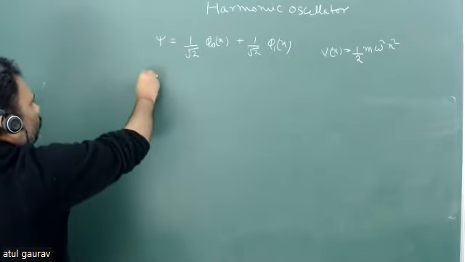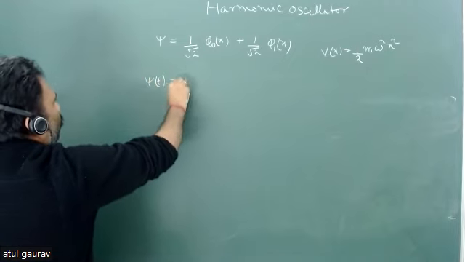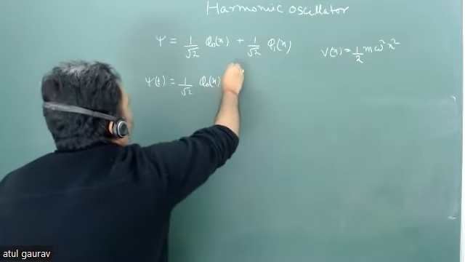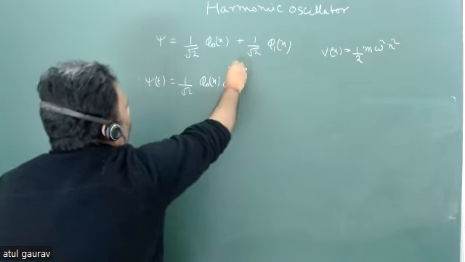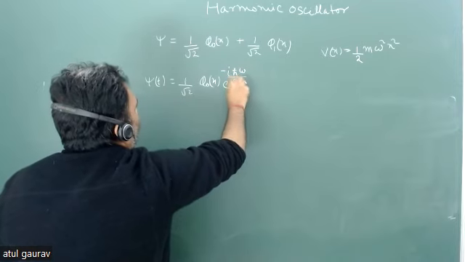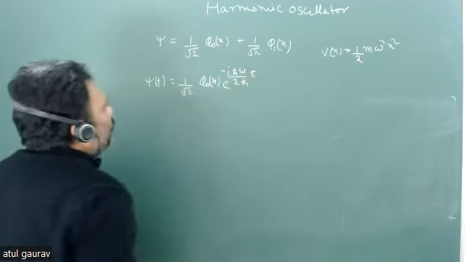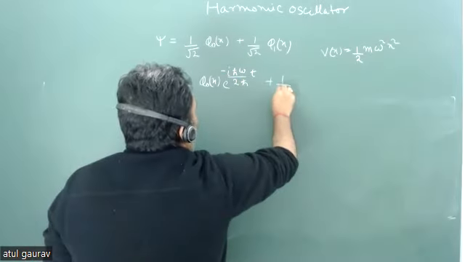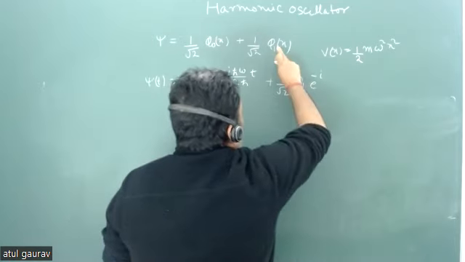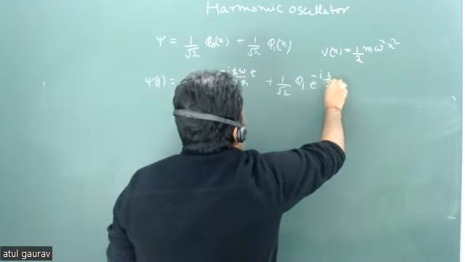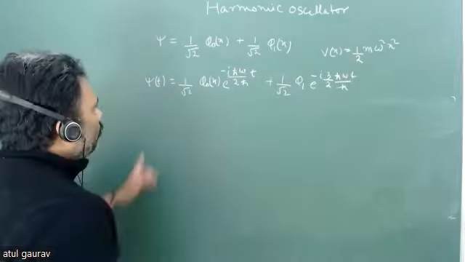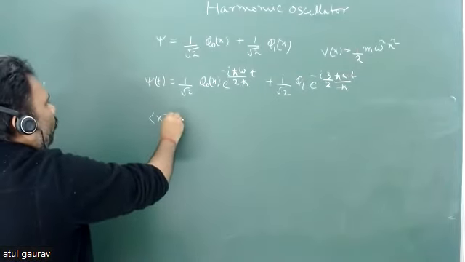So at psi t, we have 1 by root 2 psi naught x e to the power minus i, and what is E0? h cut omega by 2, h cut into t upon h cut. And the second term is 1 by root 2 psi 1 e to the power minus i, and the energy associated to psi 1 is 3 by 2 h cut omega t upon h cut. So again we have to calculate the expectation value of x.